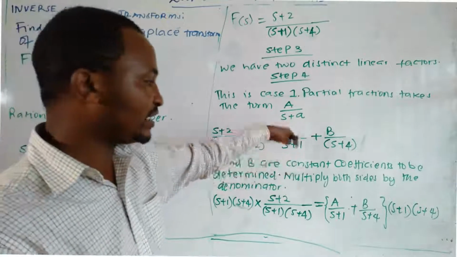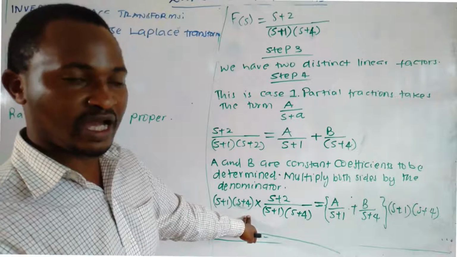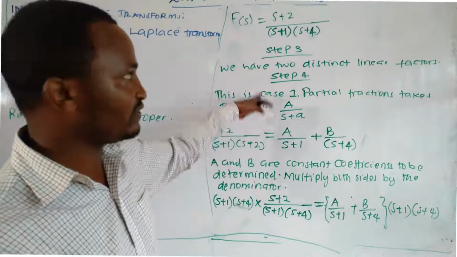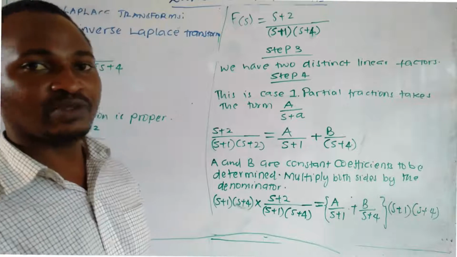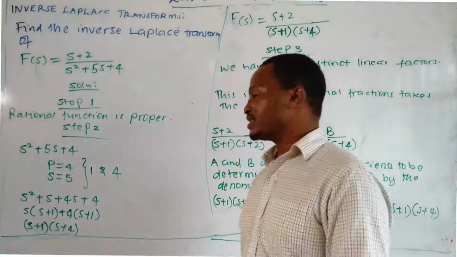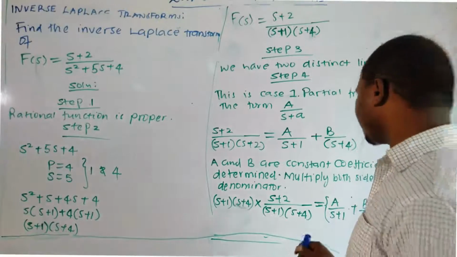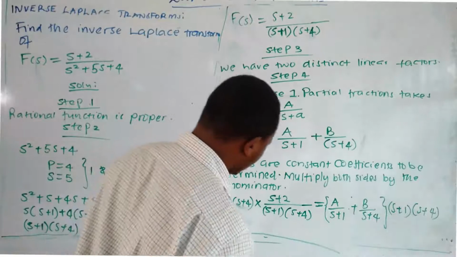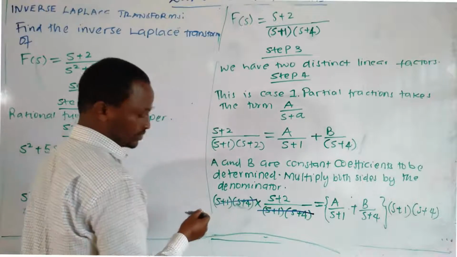I'll do a lot of writing and a lot of explanation, but in the next videos, I'll be doing less writing because I would assume you have already gone through the first video and understood the concept. So I'll be skipping a bit of my steps. The same case in your exam, you don't write so much because you only have 3 hours. If you do that, the whole of this will cancel with this.